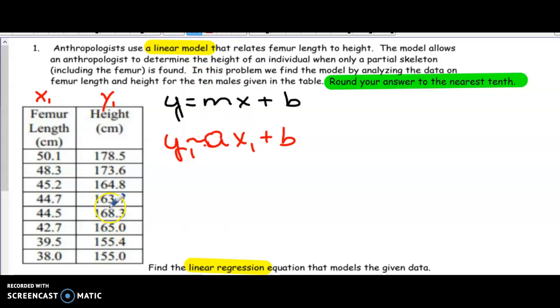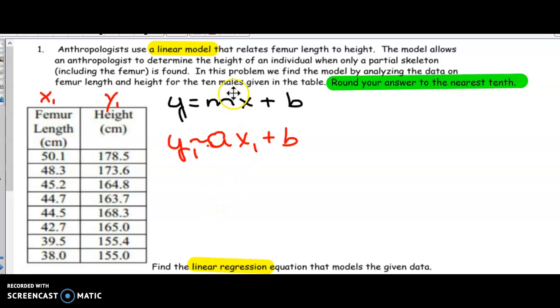Okay? So the first thing we're going to do is pull up Desmos, and when we pull up Desmos, we're going to plug this in.